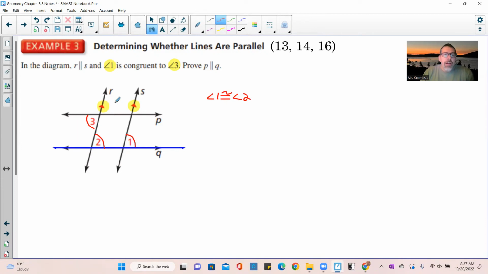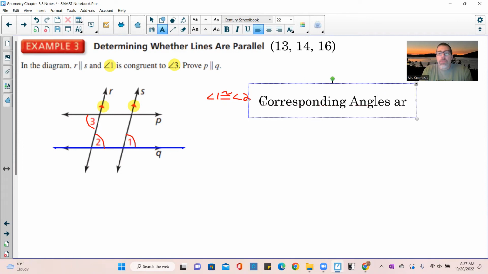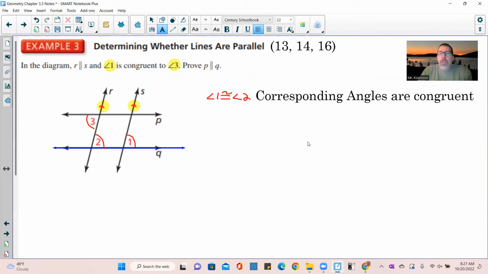Since lines are parallel cut by a transversal, the corresponding angles are congruent, but I will type that. So I'm going to put here, corresponding angles are congruent. Okay, that's the reason for angle 1 being congruent to angle 2.